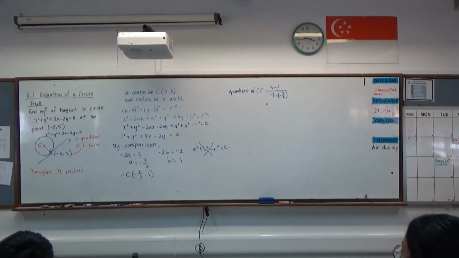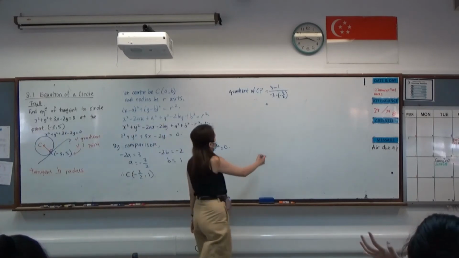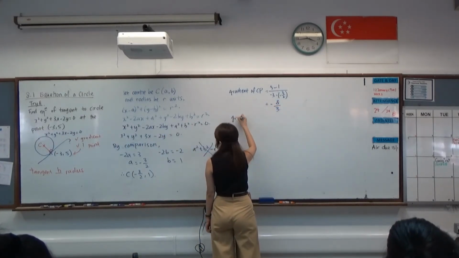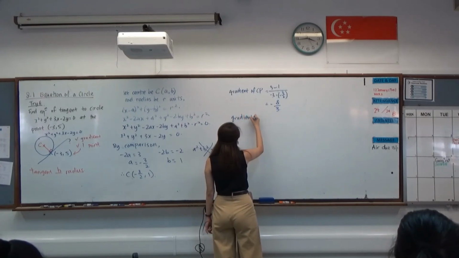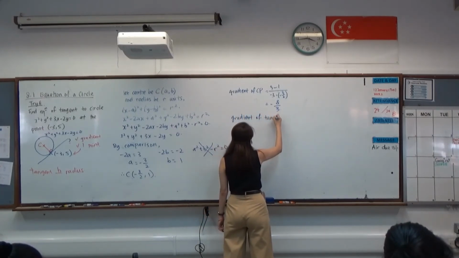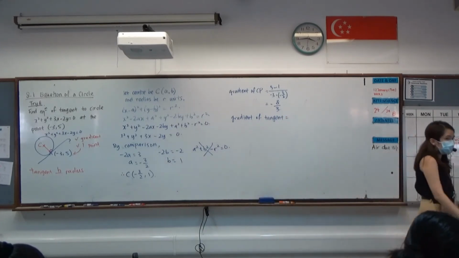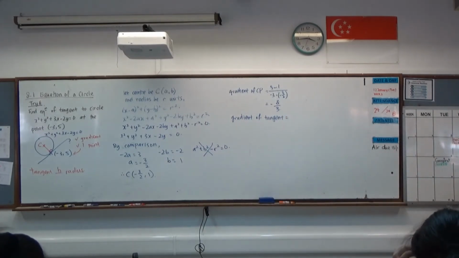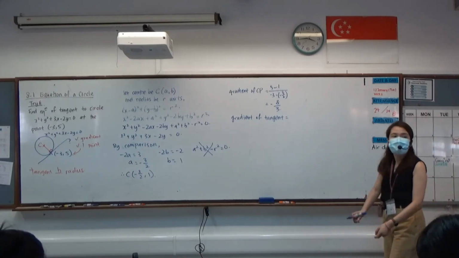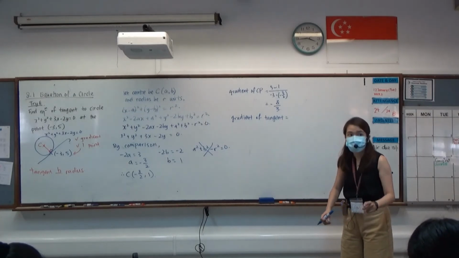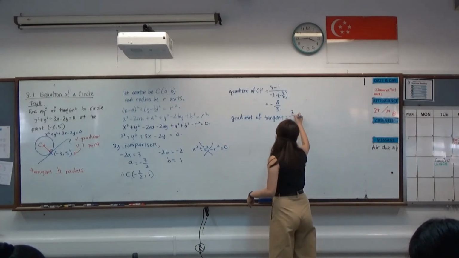That's negative 8 over 3. And the gradient of tangent will be, Nicole, what's the gradient of the tangent? 3 over 8. Yes.